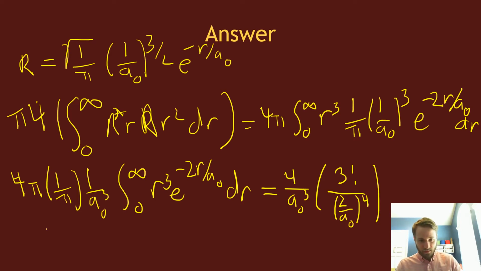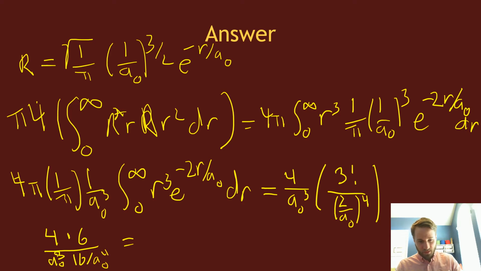That's going to be 4 times 6, divided by a naught cubed, and then 2 to the fourth power is 16, so that's 16 divided by a naught to the fourth.